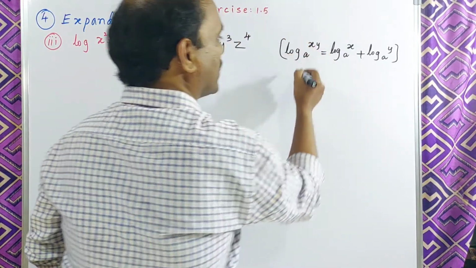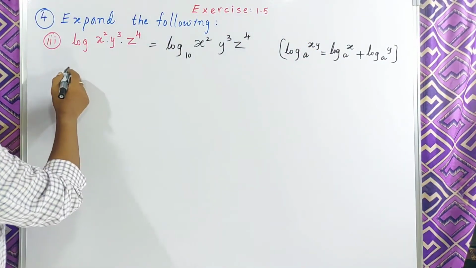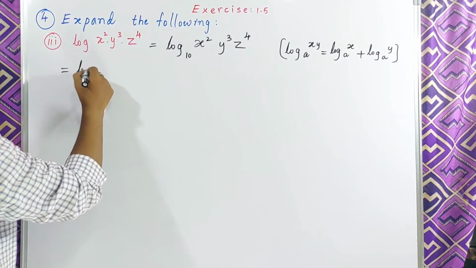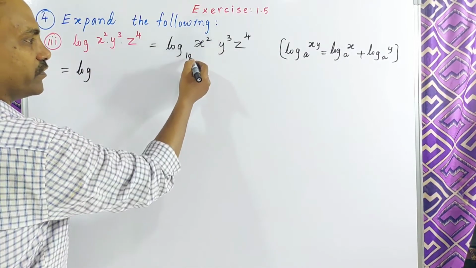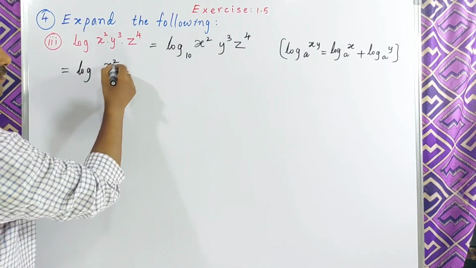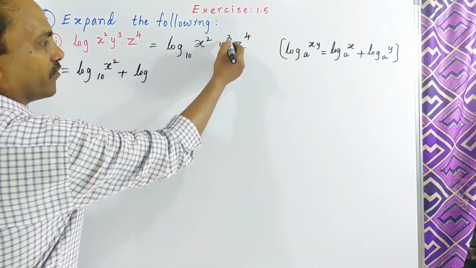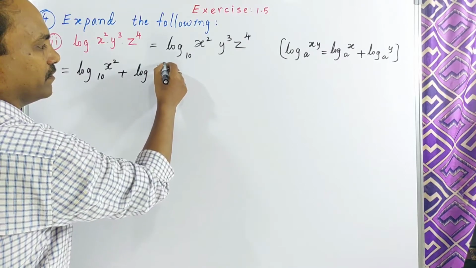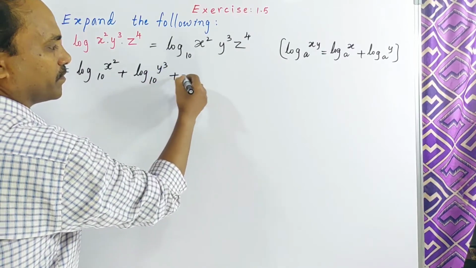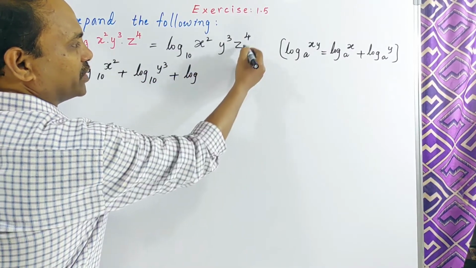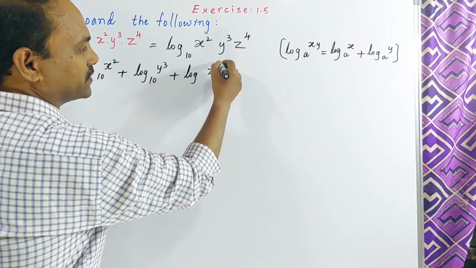By using this formula, the expanded form is log x square to the base 10 plus log y cube to the base 10 plus log z power 4 to the base 10.